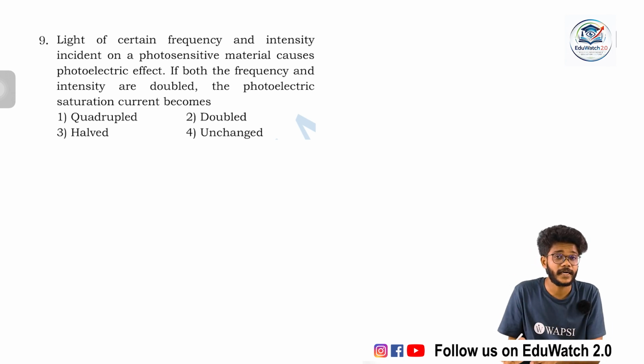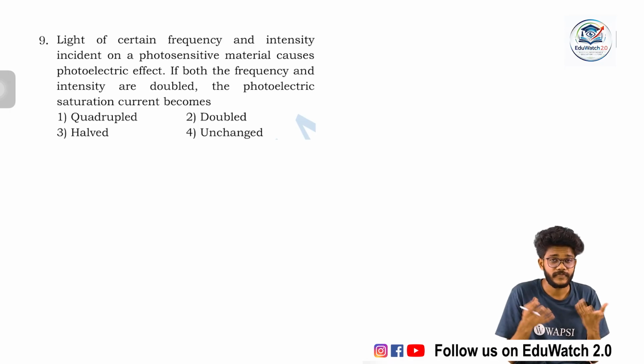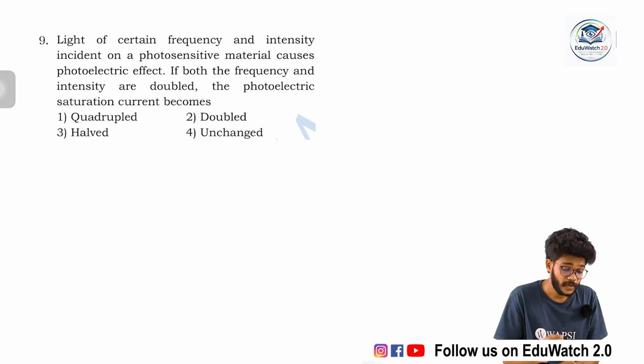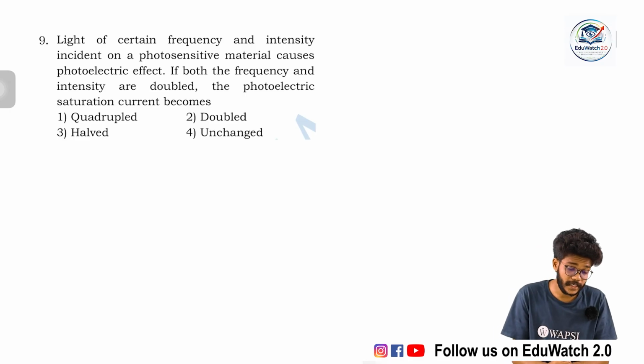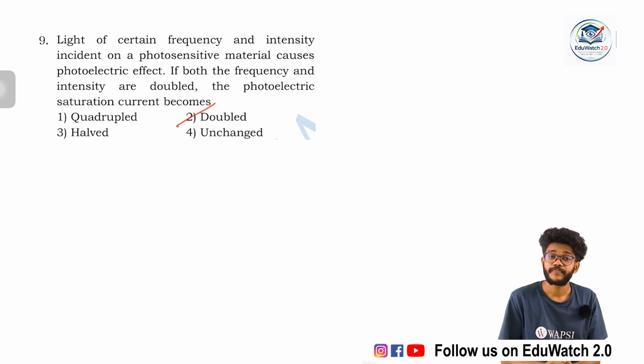We know that current is related to the number of electrons, and the number of electrons is related to intensity only. So frequency doubling, we don't need to care about that. So the photoelectric saturation current becomes double. So option 2 is the correct answer.